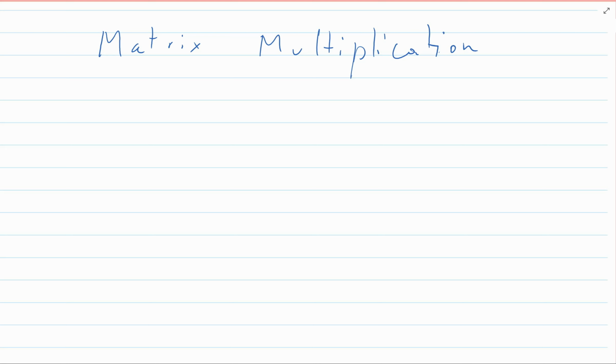So in this lecture, we continue with the matrix algebra, and so far we talked about equality of matrices.